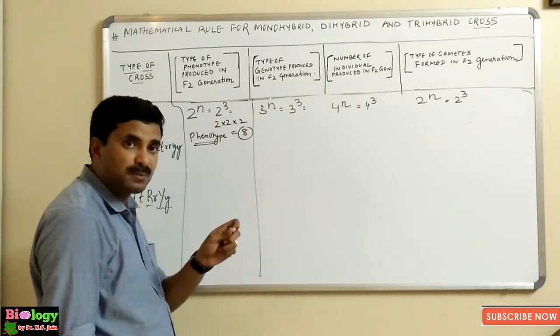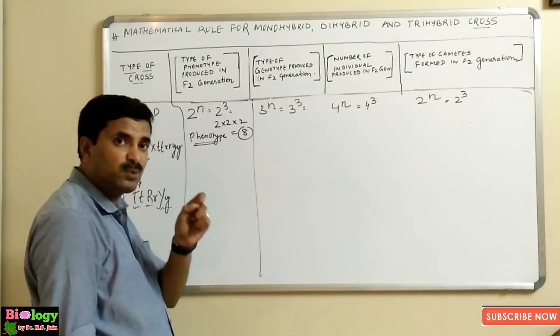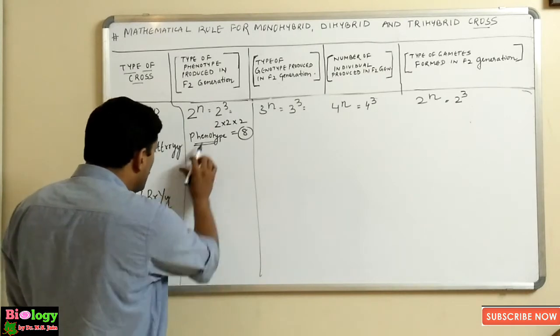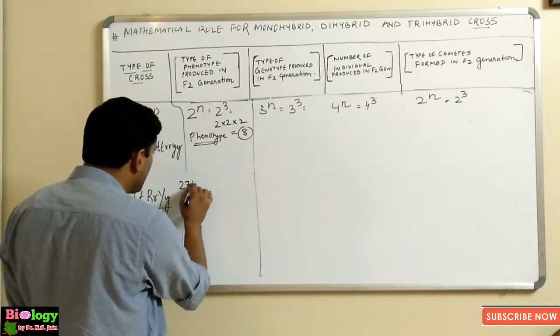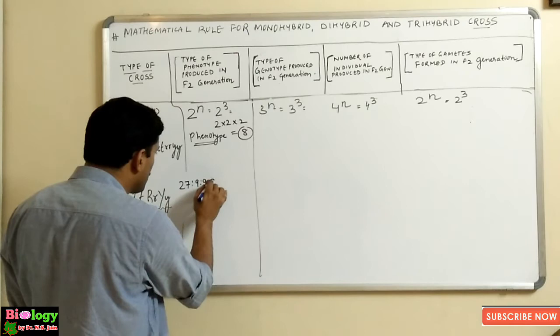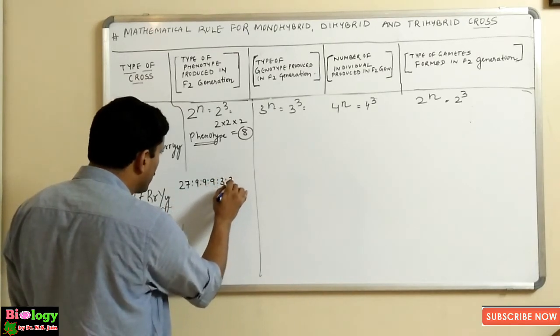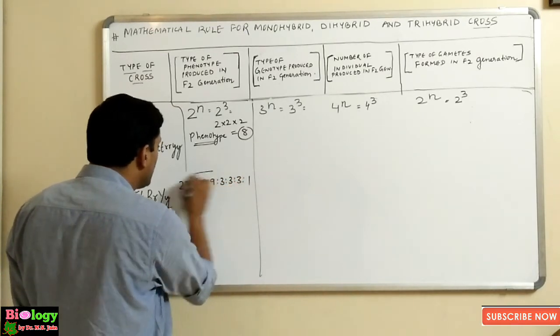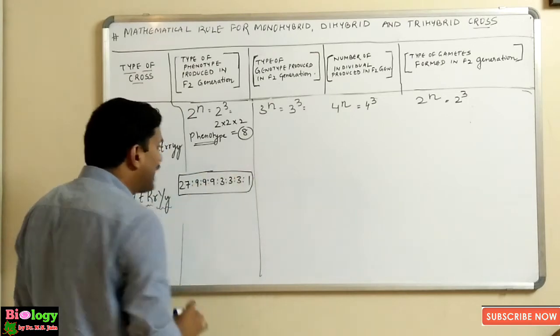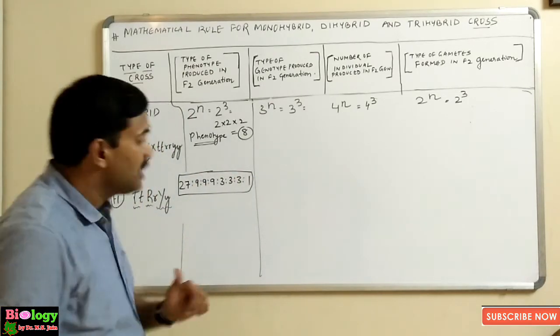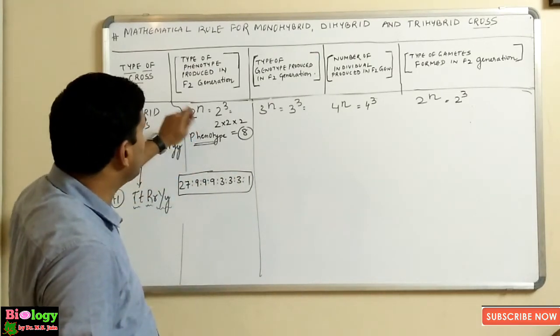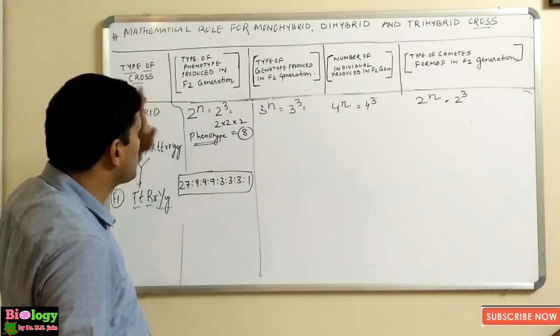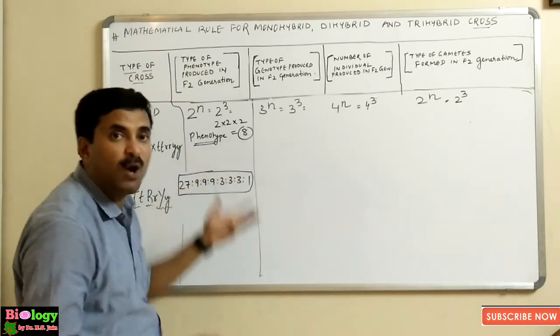When you calculate the phenotypic ratio of a trihybrid cross in the F2 generation, you get this ratio: 27 is to 9 is to 9 is to 9 is to 3 is to 3 is to 3 is to 1. This is the trihybrid phenotypic ratio. Now I have directly calculated the types of phenotypes produced in the F2 generation, and the number is 8. How did I come to know?